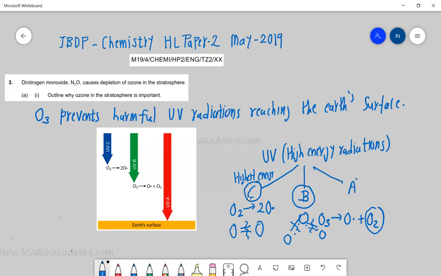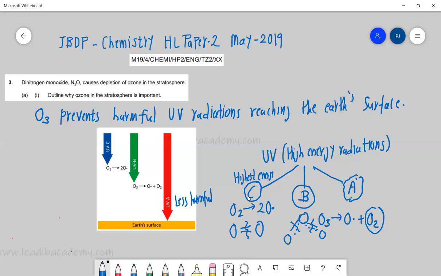So the only ultraviolet radiations reaching the Earth's surface are UVA, which are of less energy, less harmful. The ozone is in a very small quantity, maybe at the ppm level, and if that gets destroyed, then UVB will also reach the Earth's surface, which is harmful.